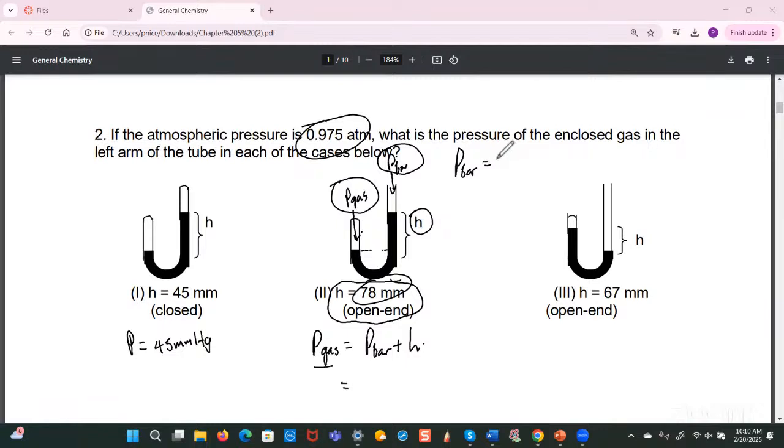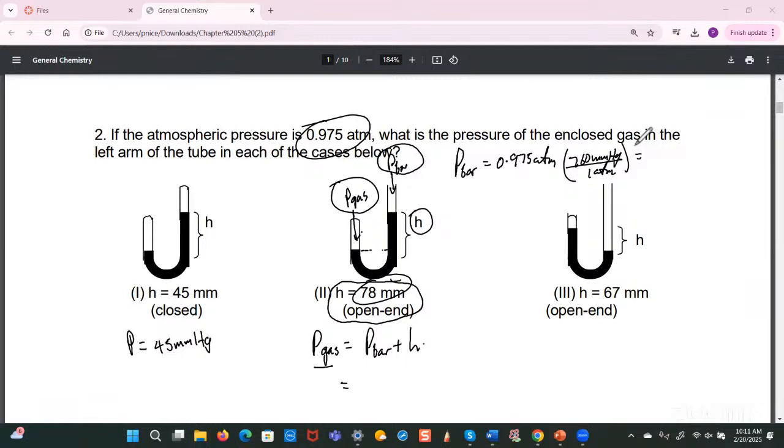So I'm gonna put 0.975 atmospheres, and we have to convert that to millimeters mercury. How do we do that? What's the conversion factor? You do 0.975 atmosphere times 760 millimeters mercury over 1 atmosphere, right?